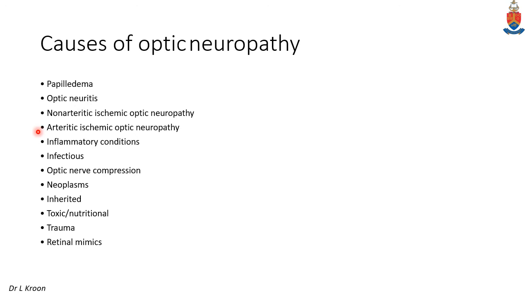One can also see inflammatory conditions, infectious conditions, optic nerve compression, neoplasms, inherited optic neuropathies, toxic nutritional optic neuropathies, as well as trauma and retinal mimics. So let's go over some of these.